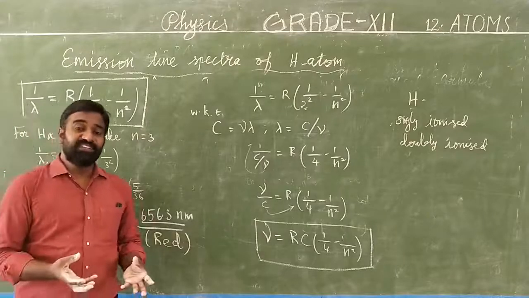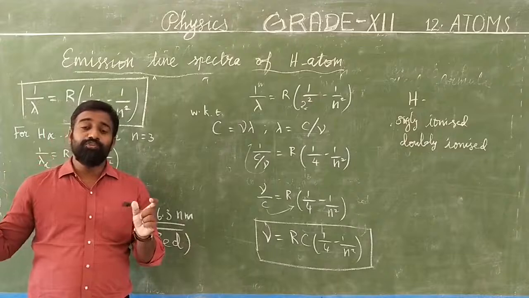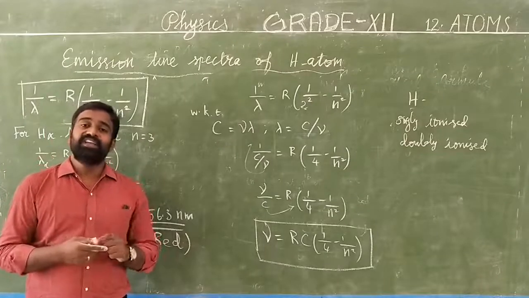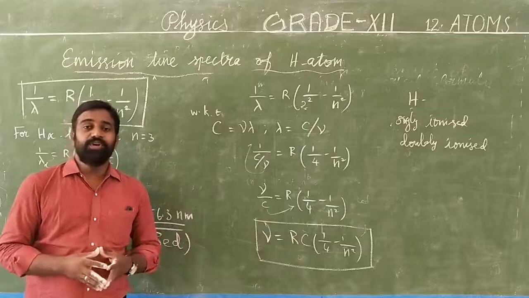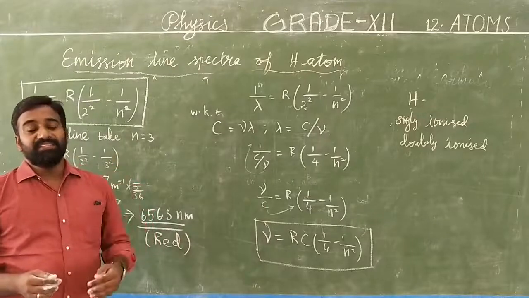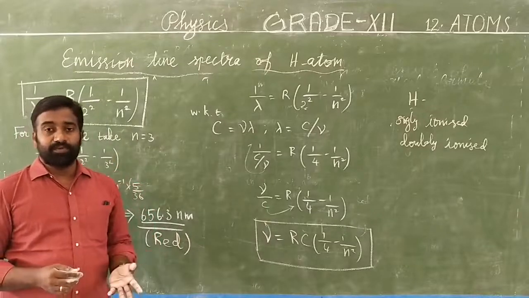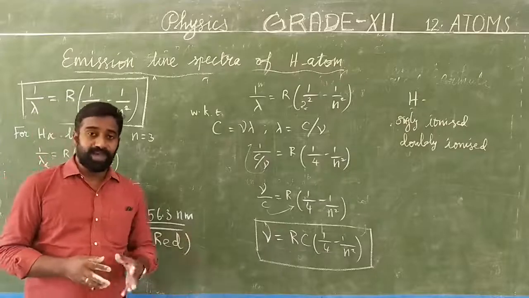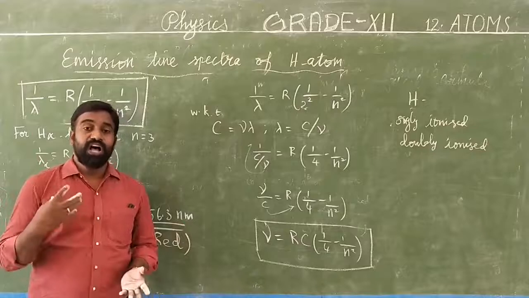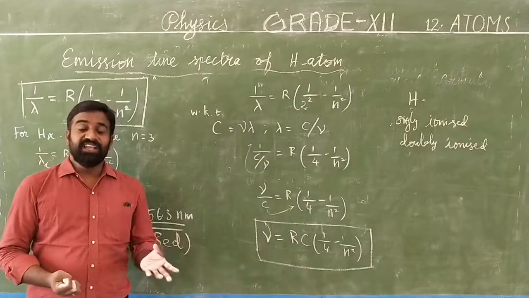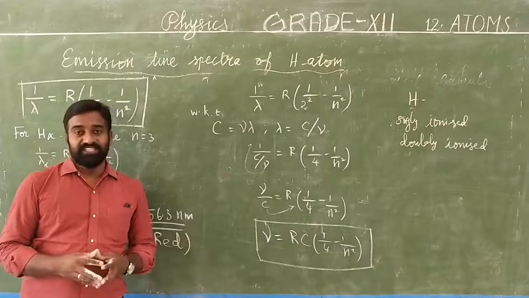But the absorption light spectrum is different. Through the gases, we have to pass white light. By passing white light, we will get the spectrum. In this spectrum, we can notice dark lines with a bright background. So dark lines with bright backgrounds go to absorption spectra, and bright lines with dark backgrounds go to emission light spectrums.